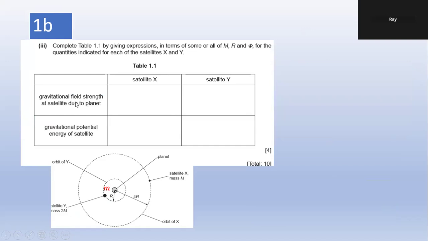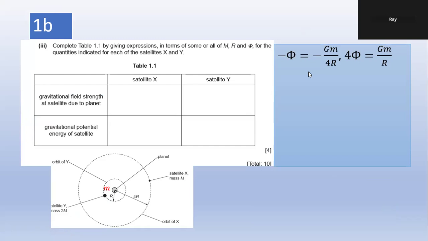Gravitational field strength of satellite X and satellite Y, and gravitational potential energy of satellite X and satellite Y. Okay, that's what we get from previously.